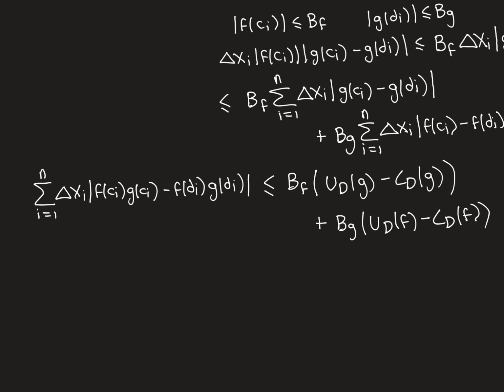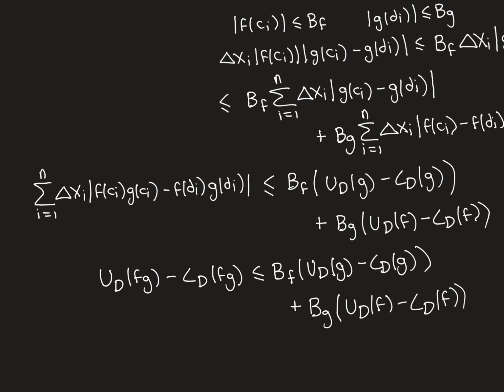Hence, it is actually an upper bound for the set of all of these sums, and since the upper Riemann sum minus the lower Riemann sum of the product function fg is the least upper bound of that set, we can therefore say that this value must be greater than or equal to that least upper bound value.